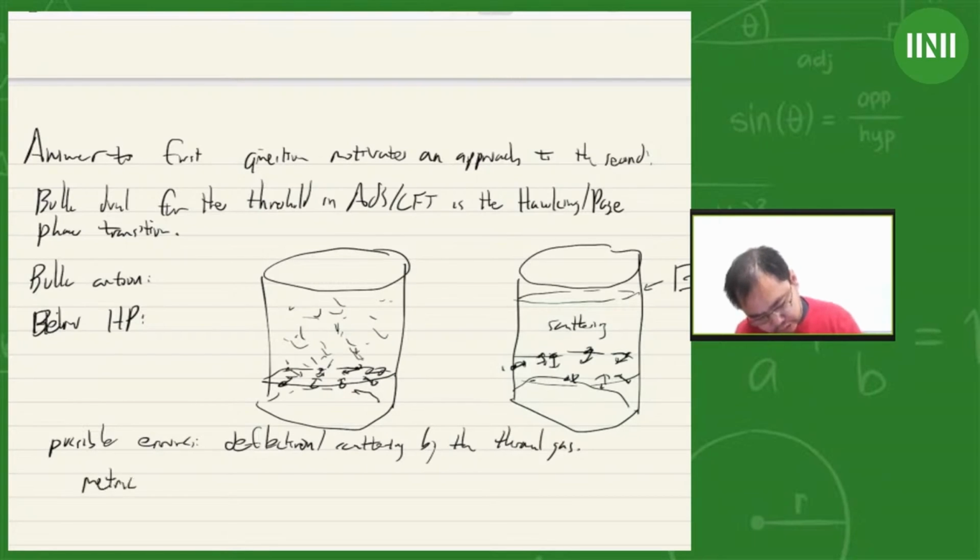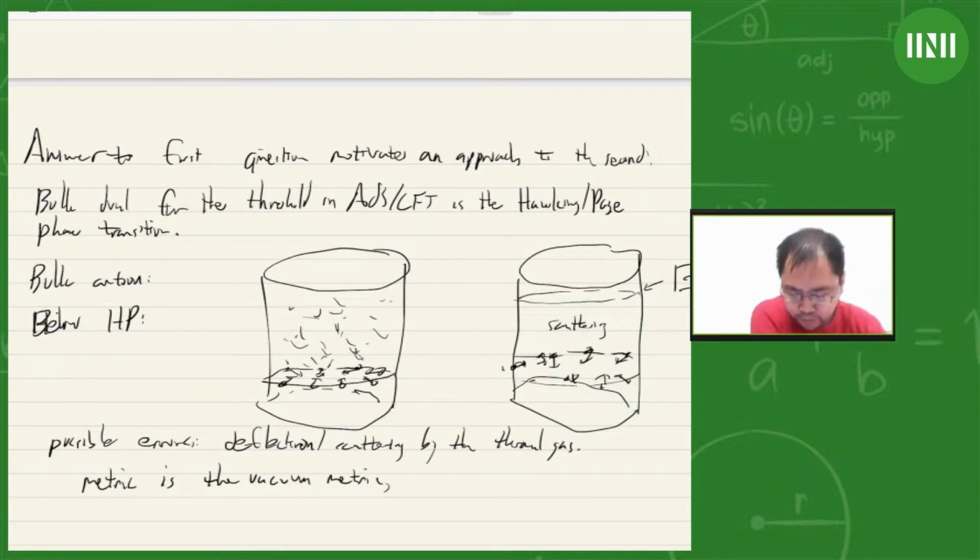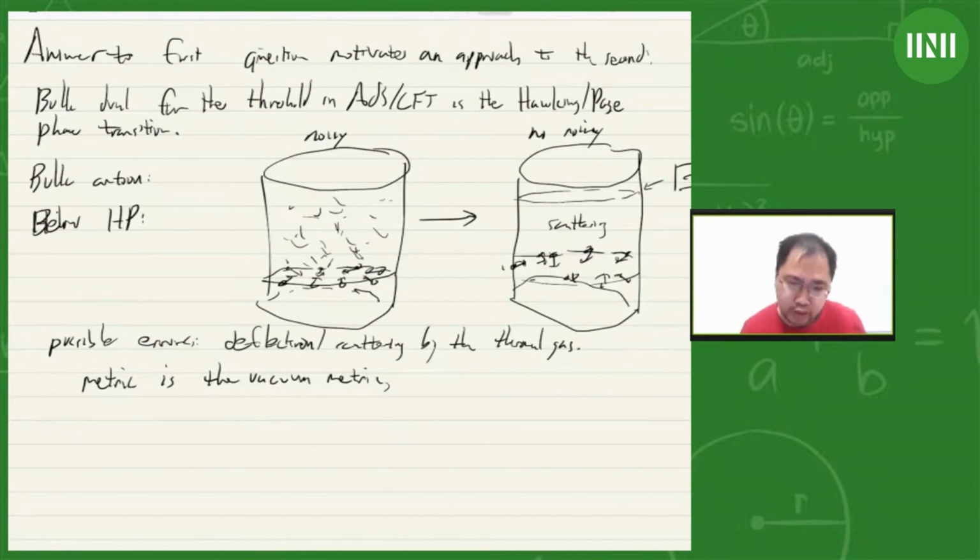The metric is the vacuum metric. So if I could tune the scattering with the gravitons to 0, then this would be a very good approximation to the ideal calculation. But tuning the graviton scattering to 0 is actually a relatively good approximation to what's going on here, because the scattering cross-section with thermal gravitons in this regime is fairly low, and the density of thermal gravitons in your bulk is also fairly low.